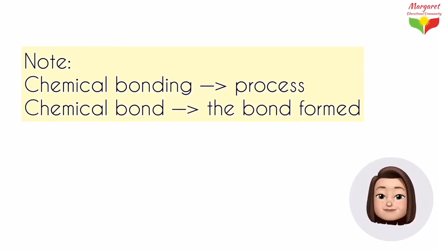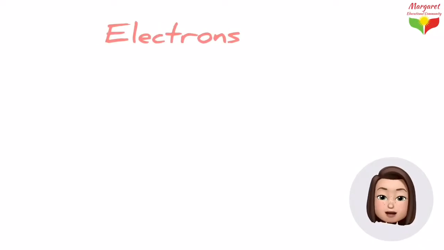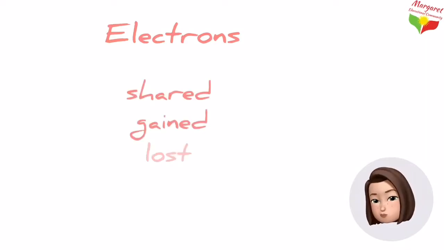Chemical bond is the bond. It's called a chemical bond because it was formed chemically. Now, electrons play an important role in chemical bonding. When chemical bonds form, electrons are shared, gained, or lost.